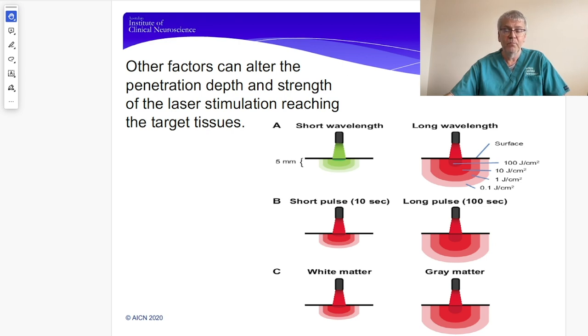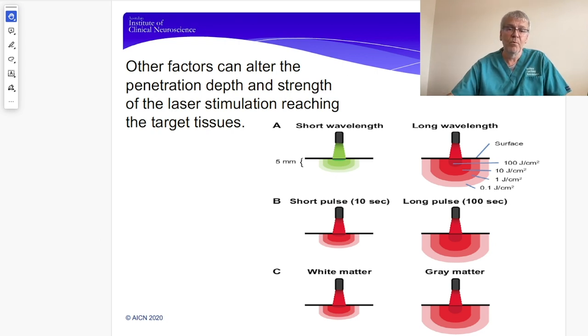We can extrapolate that and say that if we have no pulse, a continuous laser, it's most of the time going to have more penetration depth than a pulsed laser. This is also starting to get into how different types of tissues respond, absorb, reflect, and all the different things that happen.